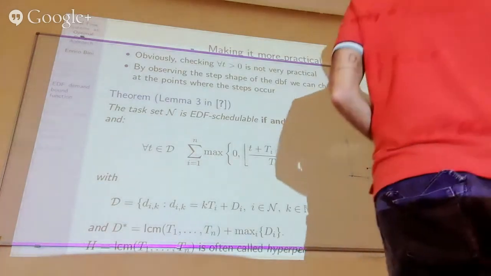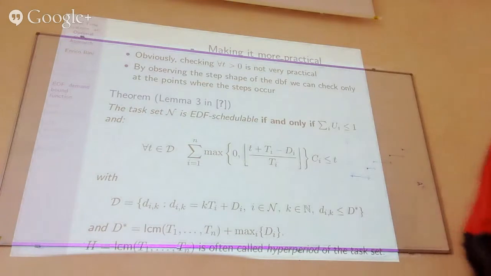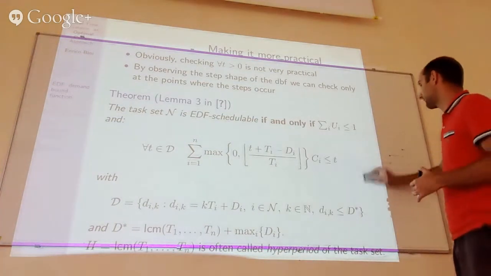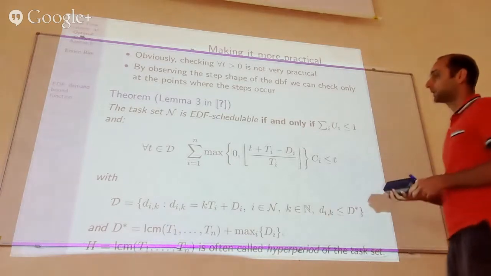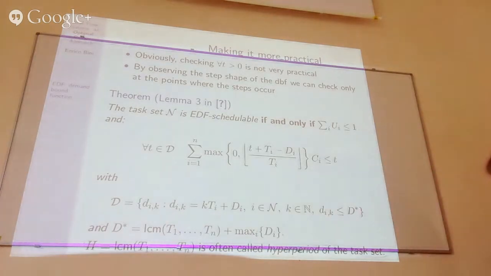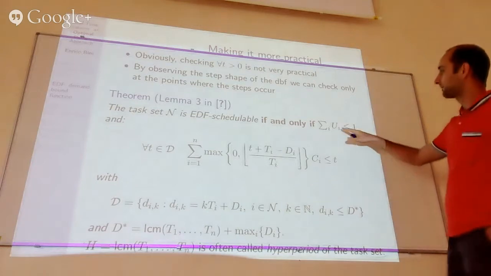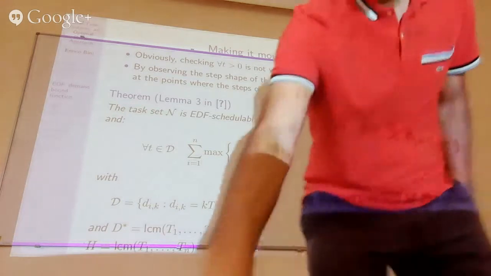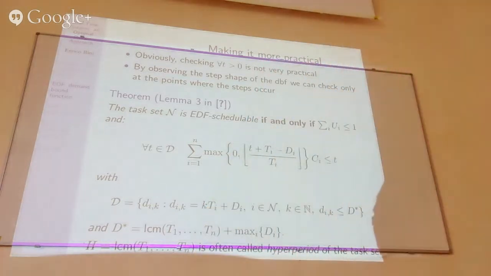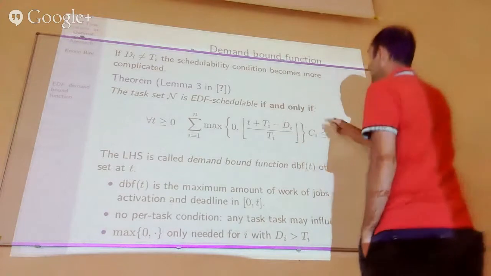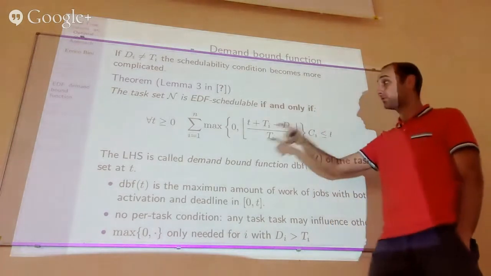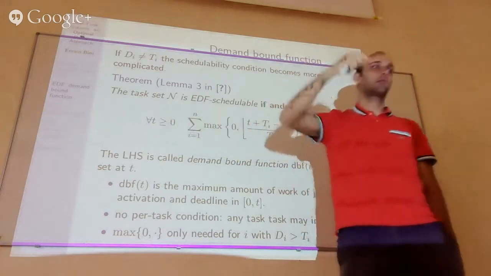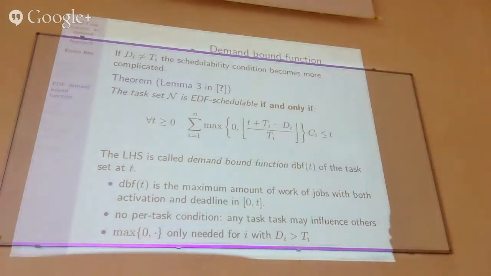So how do we write the condition with this new observation? Basically, we can restrict to the steps. We need to add explicitly the condition on the utilization. You can notice that before there was no explicit condition on utilization, because if you check for all t, this also implies that the utilization is less than or equal to 1.